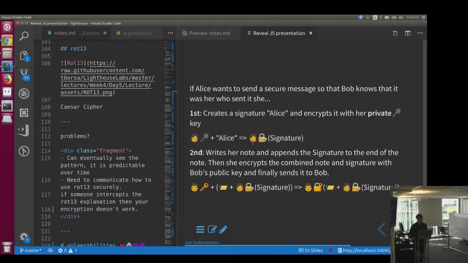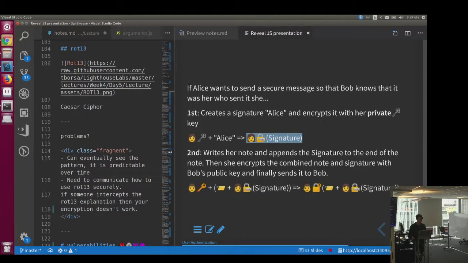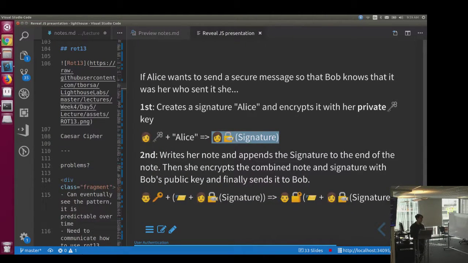So I'm going to go through it one more time, but again, I think it's something worth double checking in the notes. So first, Alice, she wants to create her signature. Her signature is her private key plus some text, in this case, Alice. We get the signature from that. Then she can add on any note to the signature.